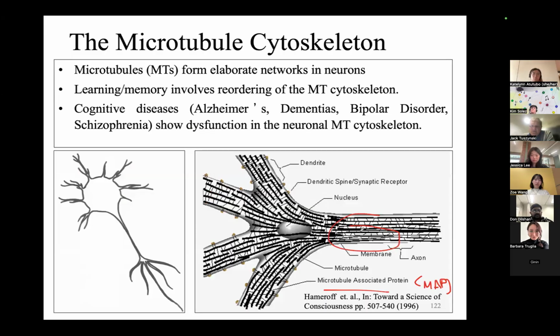There's also very robust transport taking place, axoplasmic transport on microtubules with motor proteins, and especially interesting is the role, somewhat enigmatic, but at least indirectly implicated in cognitive functions in dendrites, where there is a unique orientation of microtubules, which is antiparallel.